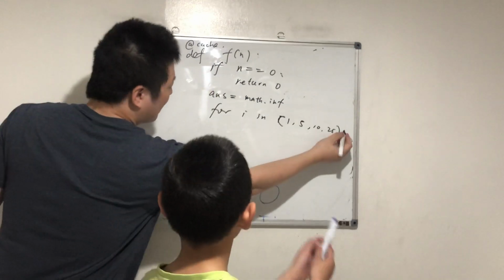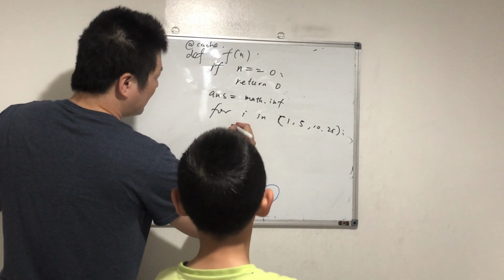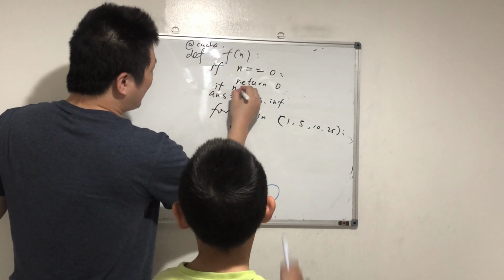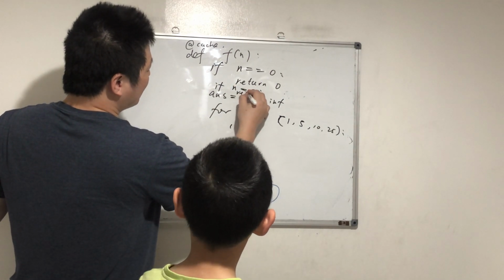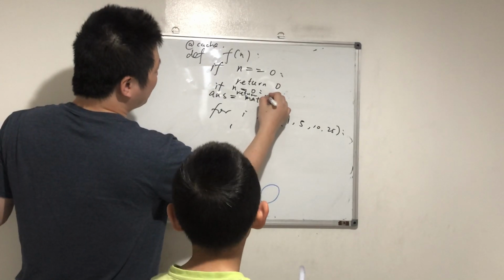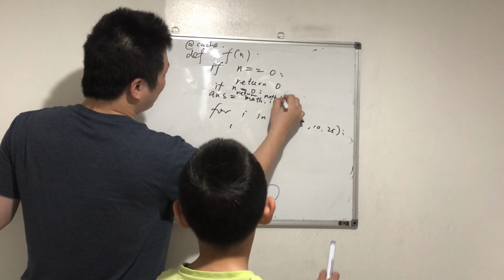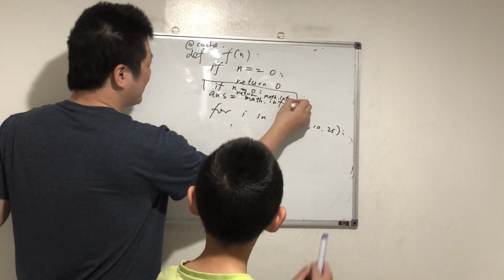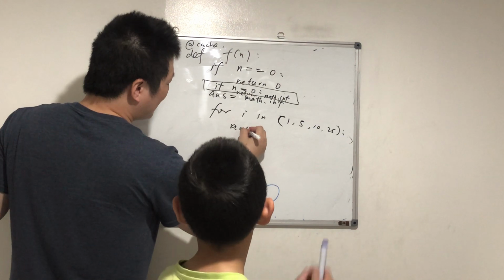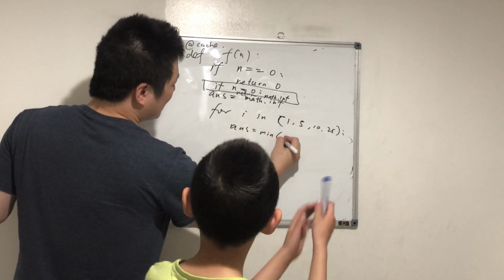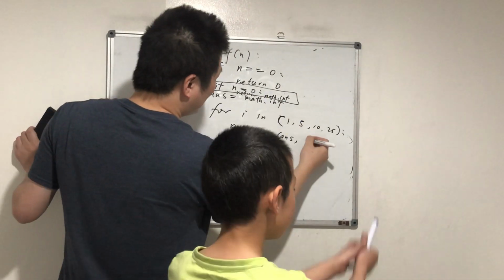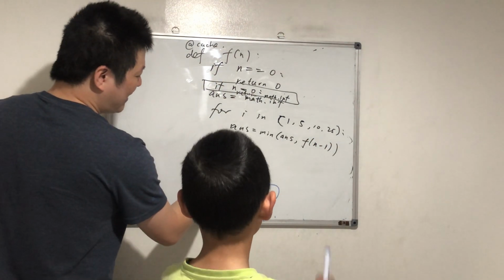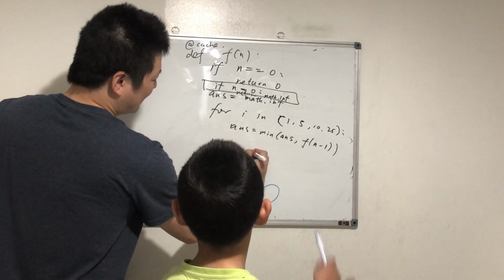Look, I can do this. If n is smaller than 0, we return the maximum, math.infinity. Look, I'll tell you why we need this. Then answer equals min of answer and f(n minus i), and then return answer.